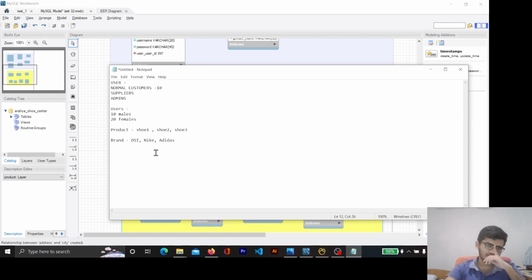Suppose shoe 1 is owned by DSI, shoe 2 is owned by DSI, and shoe 3 is owned by Nike.